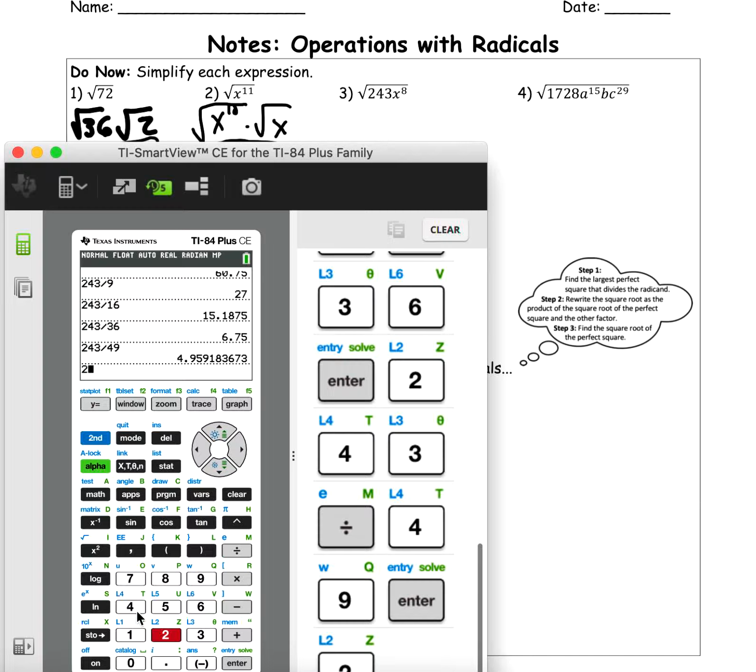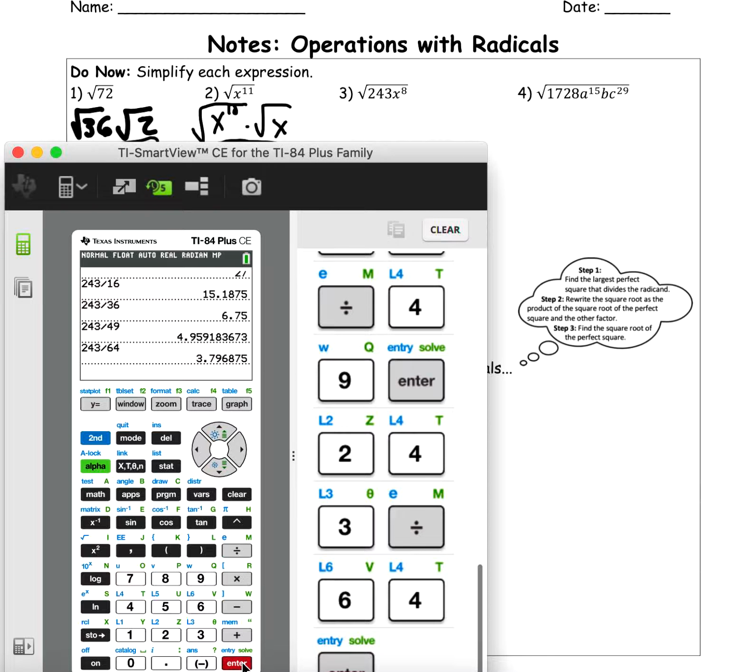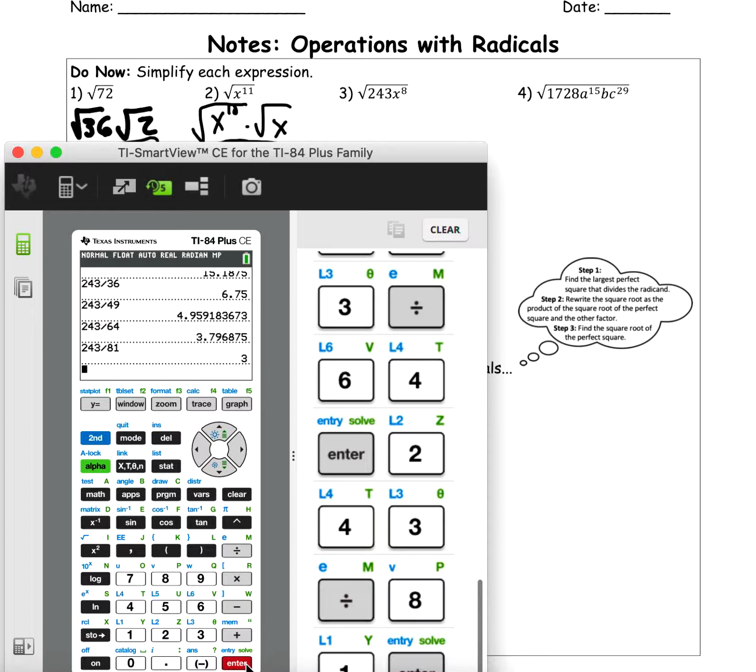That doesn't work. 243 divided by 64, 8 times 8. Nope. 243 divided by 81. Oh, there we go. So that's going to be our highest perfect square because 243 divided by 81 is 3, which is a prime number. So we can't get a larger perfect square than 81 that divides 243.